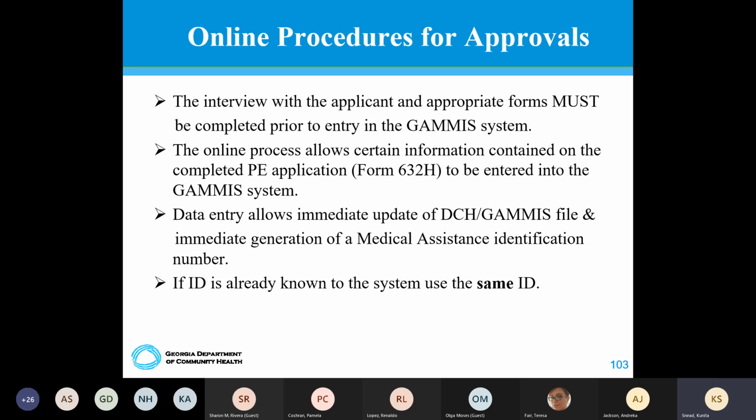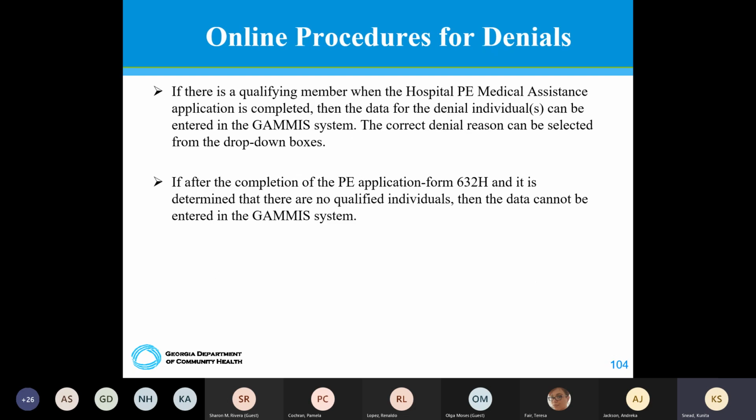But when you are screening the individual into GAMIS, make sure you inquire about any possible names that they could have applied under before, because we need to deviate from all of these duplicate ID numbers that we're creating. We're not trying to create other ID numbers for the same people. So like I said, you first have to have a qualifying member before you're able to add the denial people in.